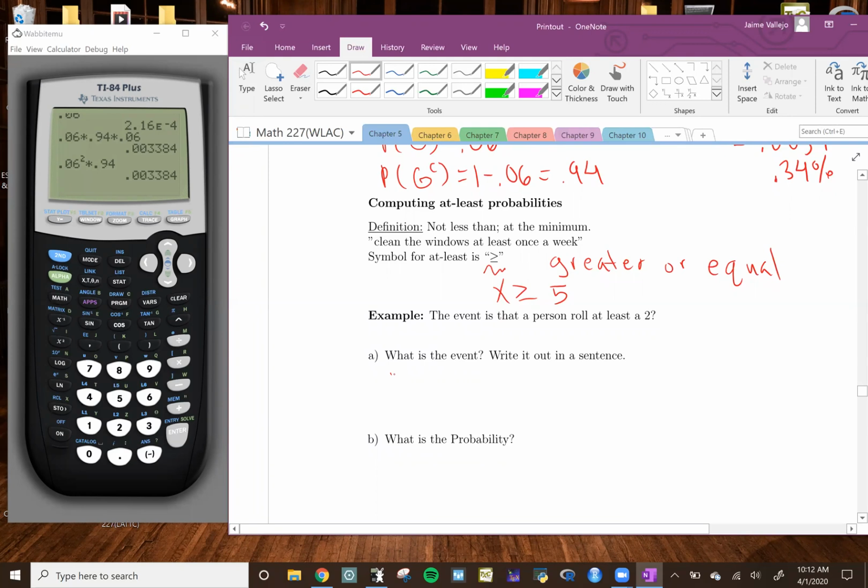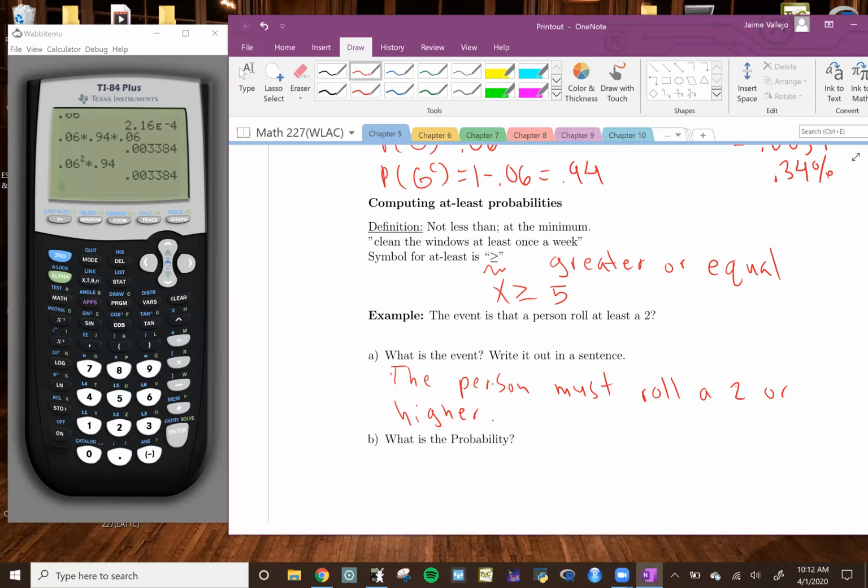So the person must roll a 2 or higher in order to roll at least a 2.